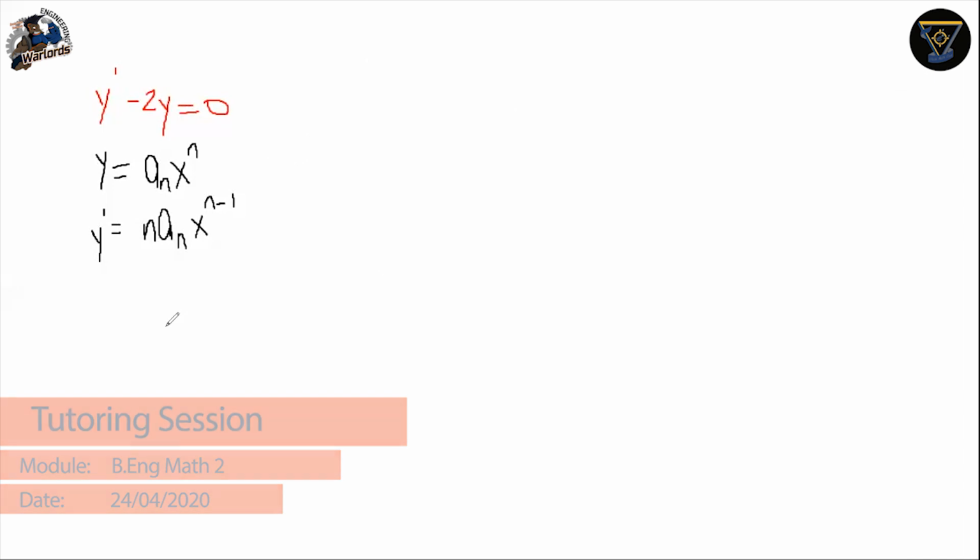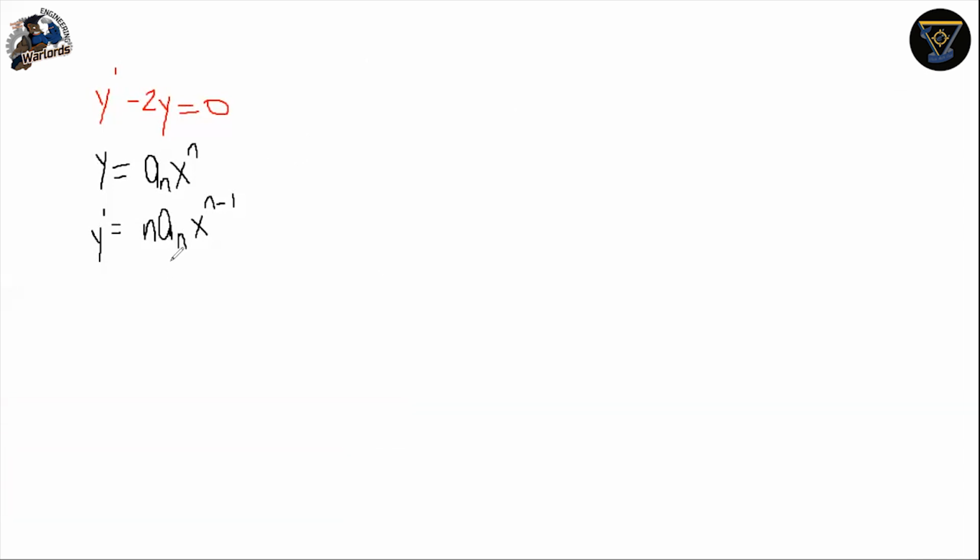All right, so what we're going to do now is the substitutions. However, remember that we said y is equal to a_n x^n. We need a summation sign for both. So it's a summation which goes from n equals 0 to infinity, right?